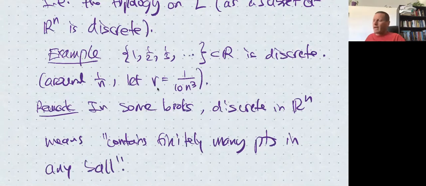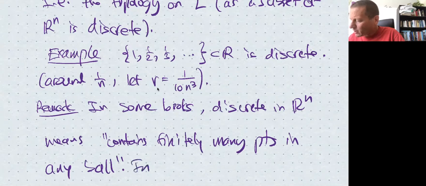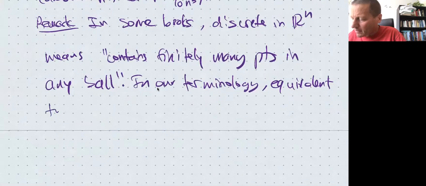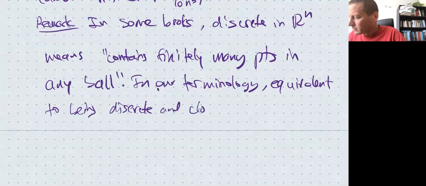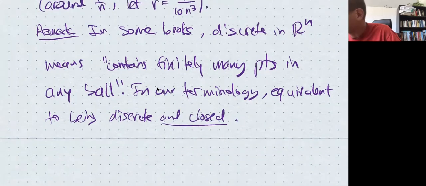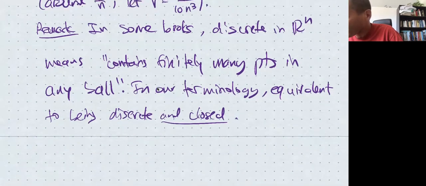And that's not the case for this example. In the language I'm using, in our terminology, this is equivalent to being discrete and closed, both. You can check. So I'm just making that caution so that people are aware that the literature contains different terminology.